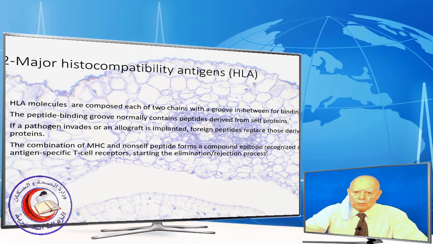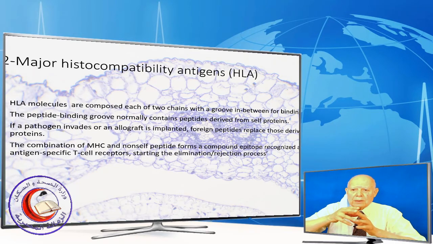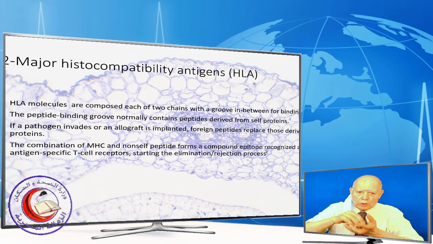HLA molecules are composed each of 2 chains with a groove in between. This is where the peptide antigen is bound in the HLA molecule groove. They have a groove like a cup where the endogenous or the foreign peptide is located.